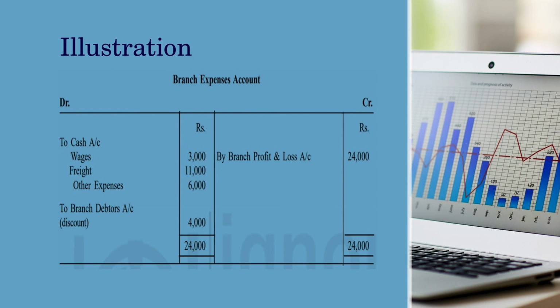Kindly check it. Yes, this discount 4,000 is given. Total is 24,000. So to branch profit and loss, it is 24,000, because the expenses have to be transferred to the profit and loss account. So there are 24,000 total expenses, which need to be transferred to the profit and loss account, 24,000.